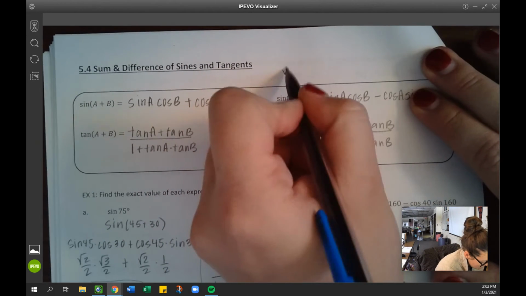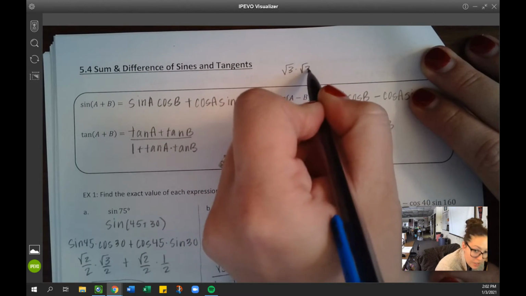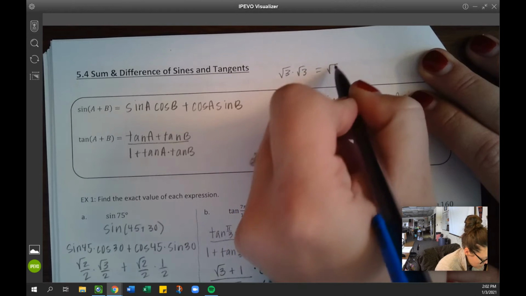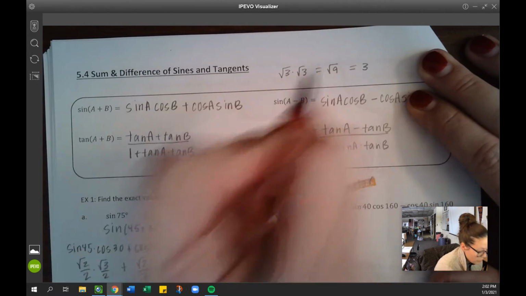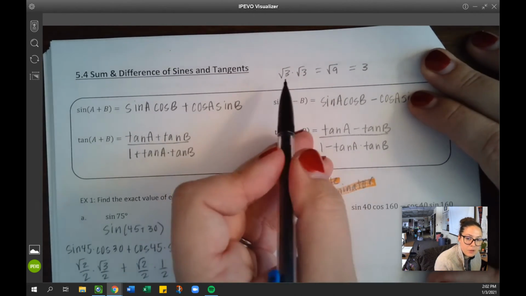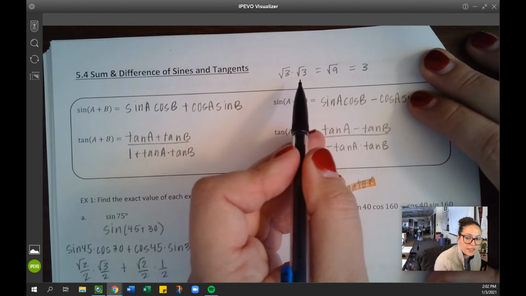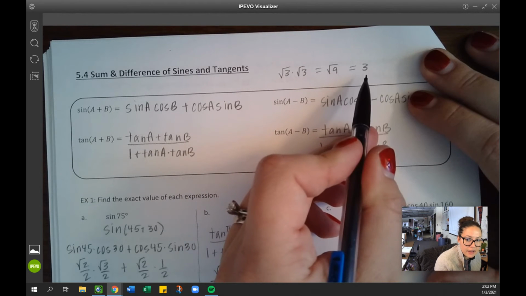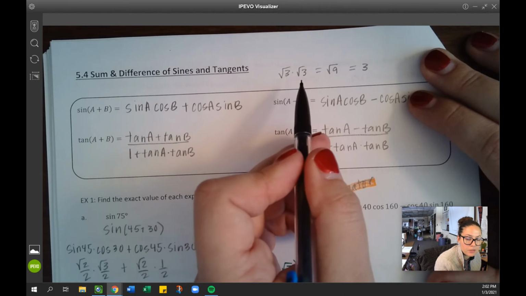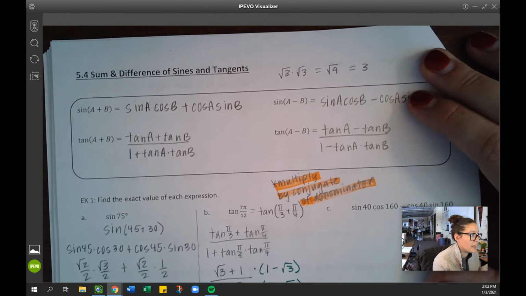And if you're not sure why, square root of 3 times the square root of 3 is the square root of 9, which is 3. And in fact, anytime you multiply two square roots together, you're just going to get that thing that you're multiplying the square roots of. So square root of 10 times the square root of 10 is 10. Square root of x times the square root of x is just x.